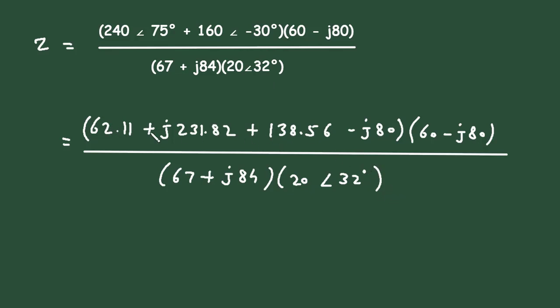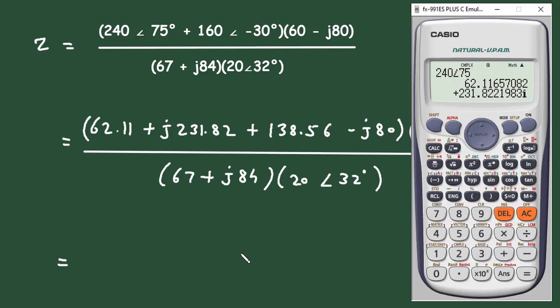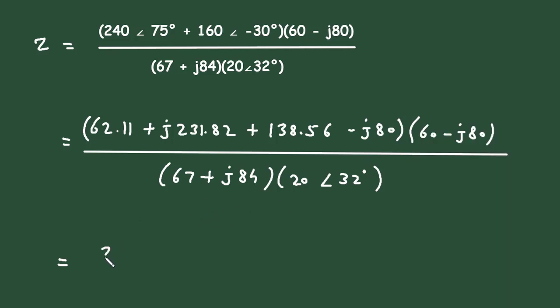So here we have to add the real part first. So 62.11 plus 138.56. So let's add this in calculator. So this is 200.67. Now we will add the imaginary parts.